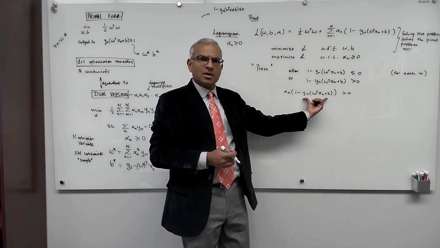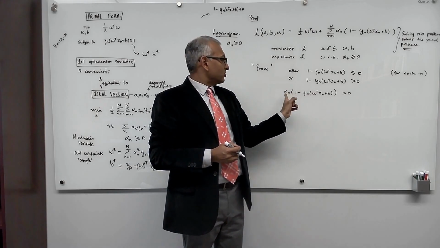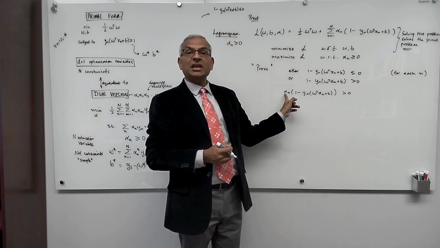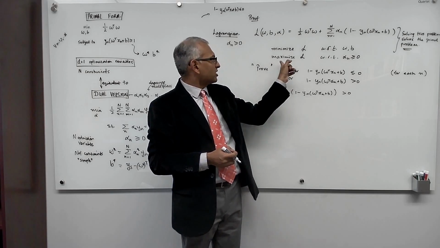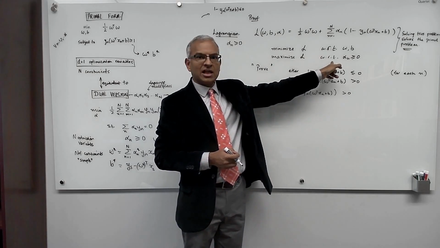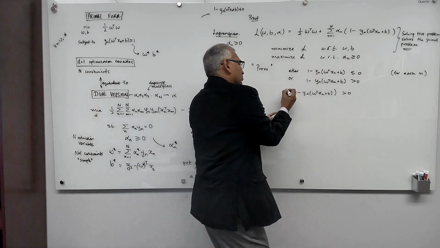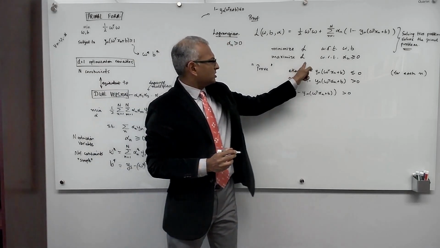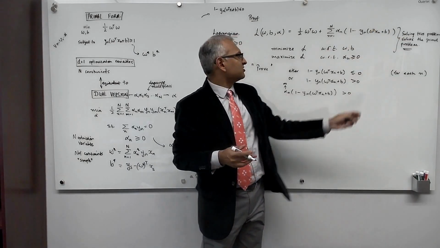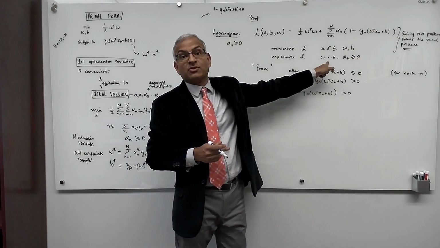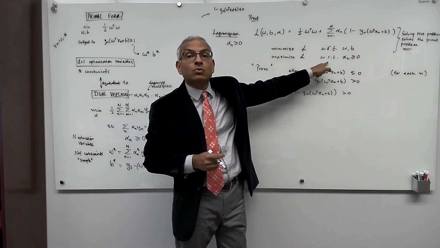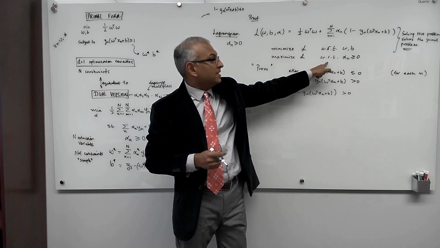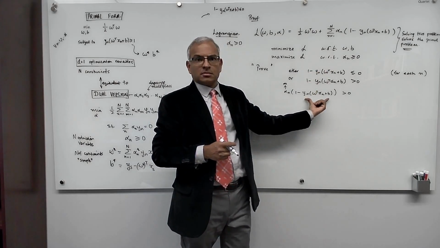So if this is positive, what will be the optimal choice for that particular alpha n? No brainer, since I'm trying to maximize L with respect to the alpha n's, I will take this guy to infinity. And the Lagrangian will attain an infinitely large value, because I'm trying to maximize with respect to the alpha n. And the only thing that will prevent that is if this is not greater than 0.